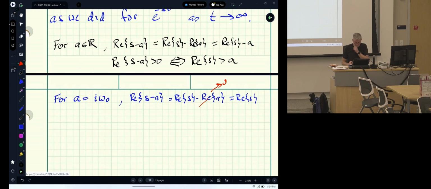There is no real part. And then we get that the real part of s minus a is positive if and only if the real part of s is positive.